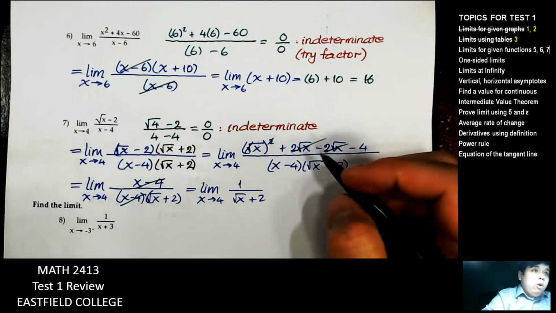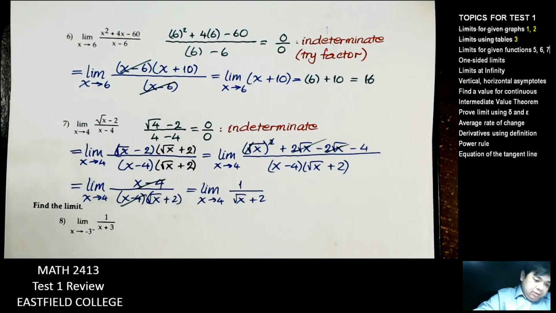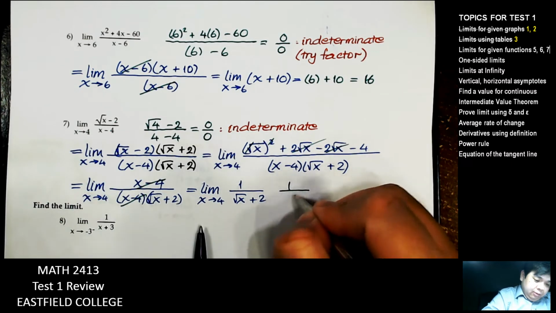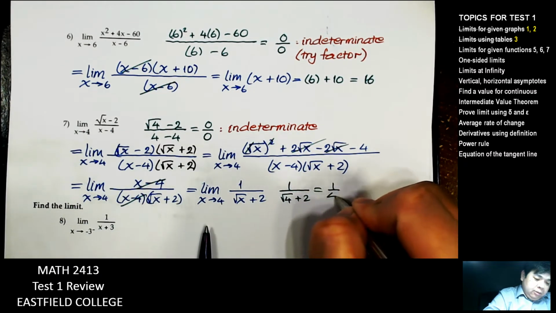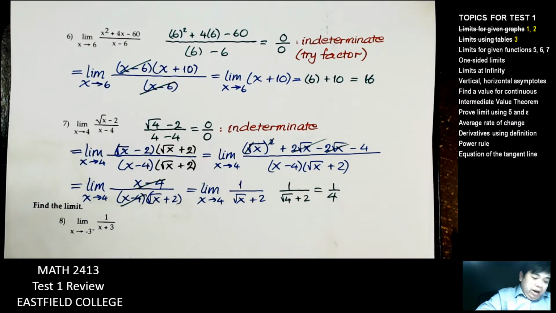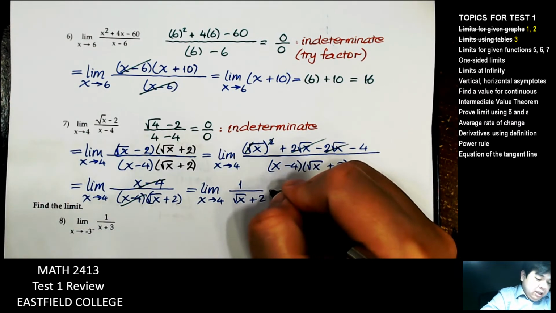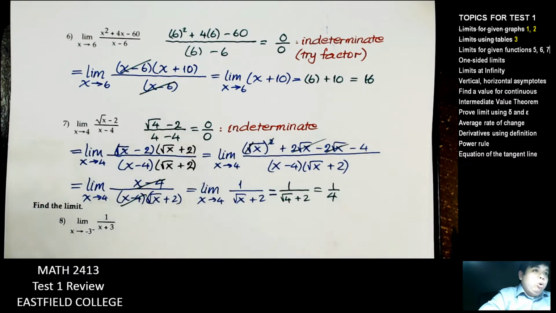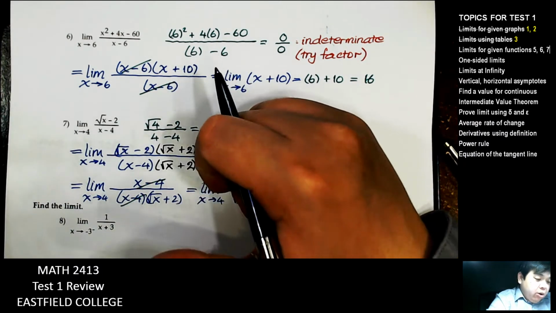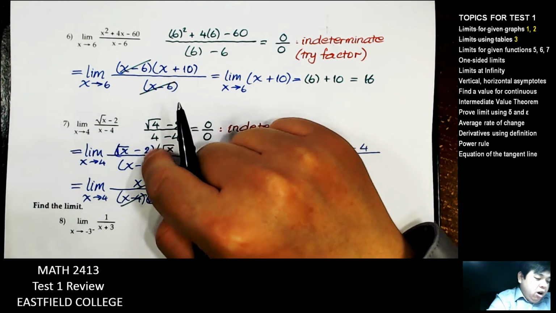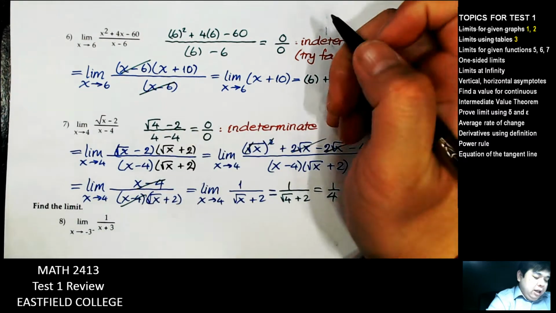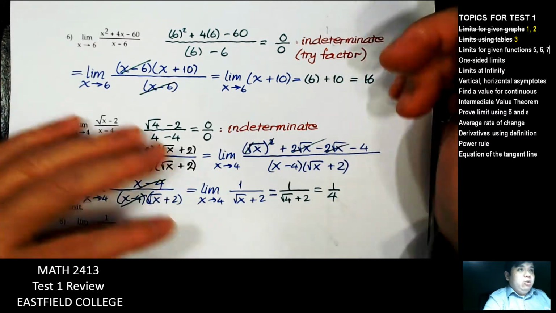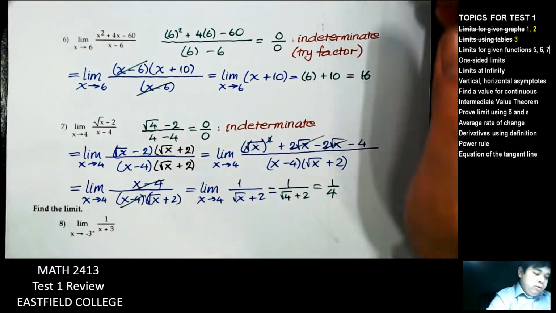Because if we put 4 in for x, and it is a nice and even number, I mean not infinity, we'll make the limit equal to it. So when we have 0 over 0, more than likely we have a common factor, and they will cancel out, and the rest of the problem should be simple.